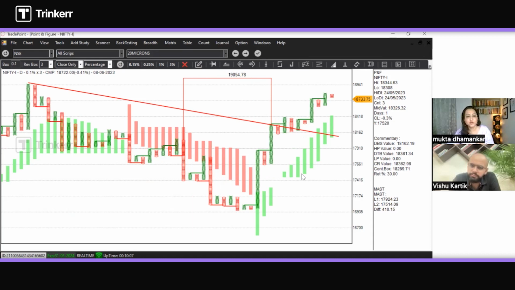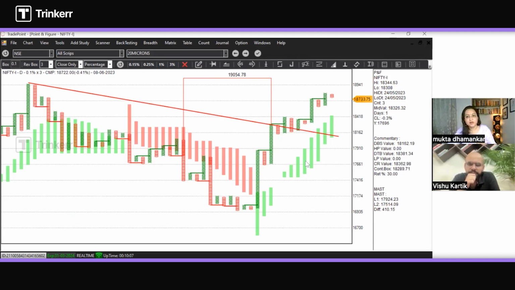MUST stands for a combination of MA, moving average 10, and ST, the super trend 10 by 3. The only difference here is it won't be a 10 period moving average. It will be a 10 column moving average.